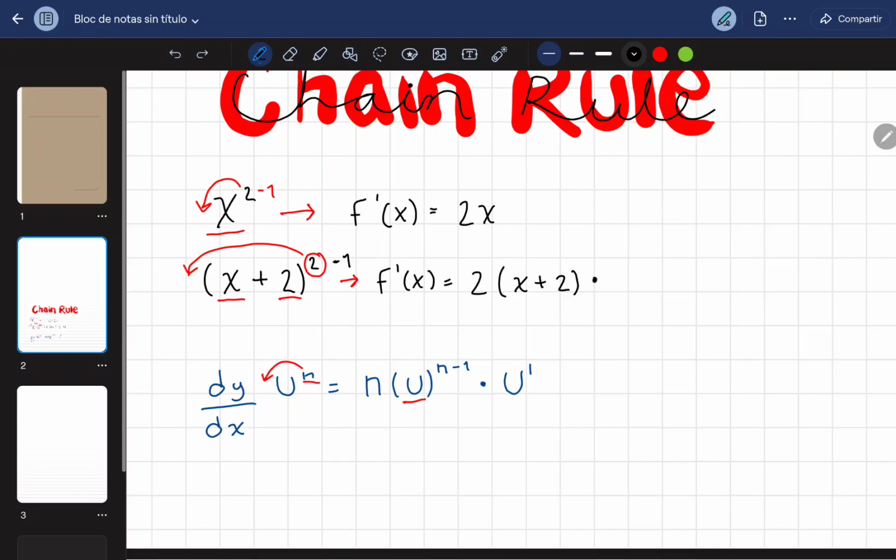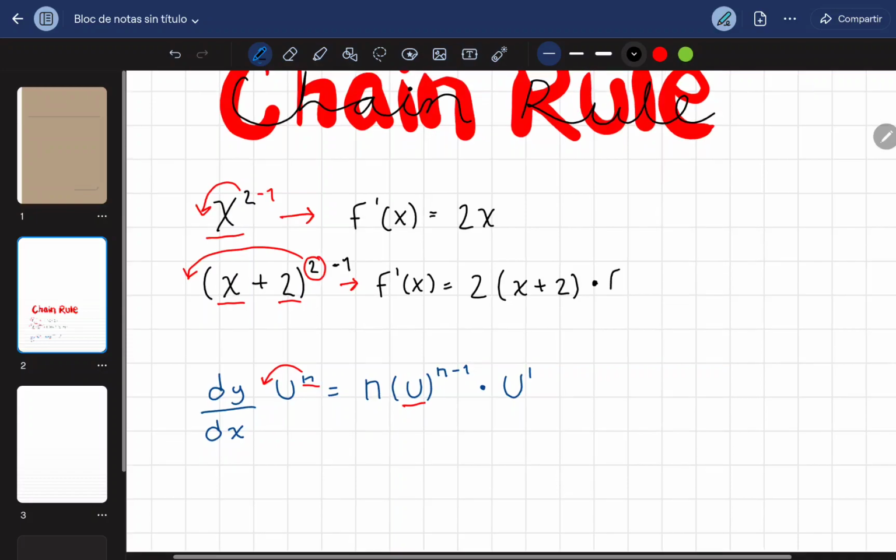And this times the derivative of the inside. In this case, we have the derivative of x, which is 1, and the derivative of 2, which is 0, so times 1, right? And now we multiply everything, and we have 2x plus 4. And this will be the answer.